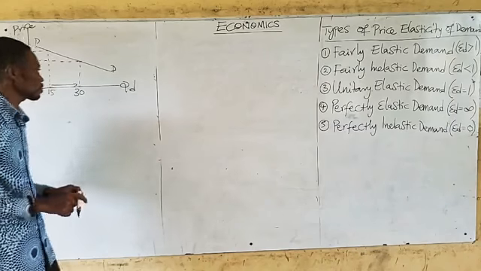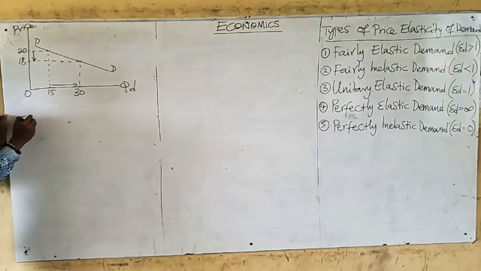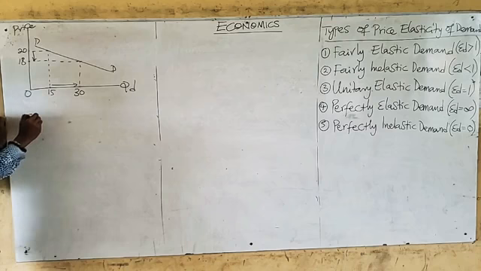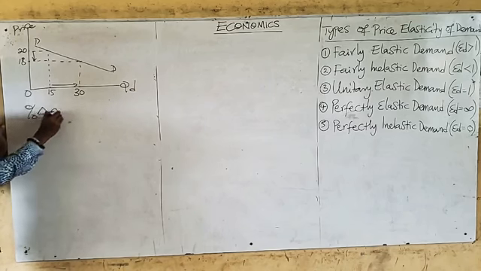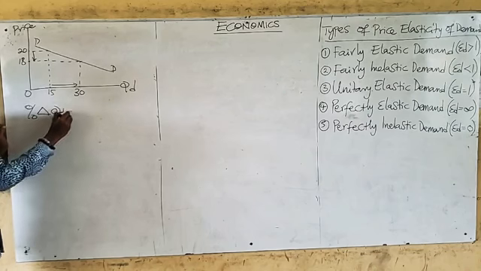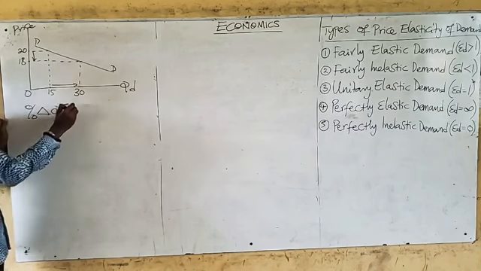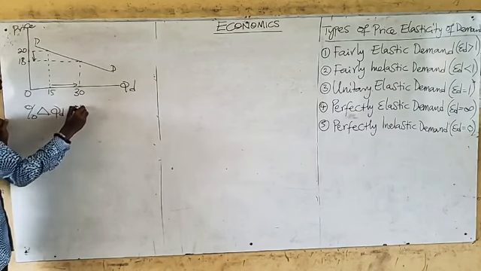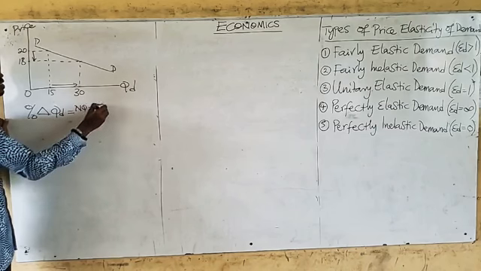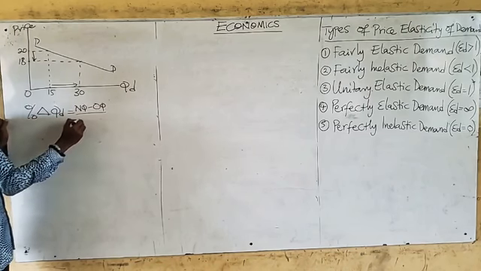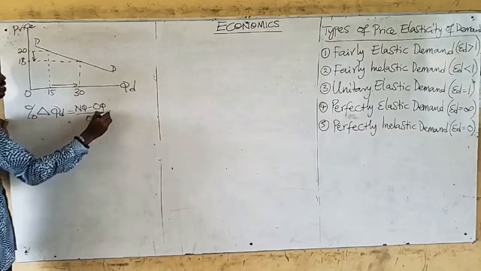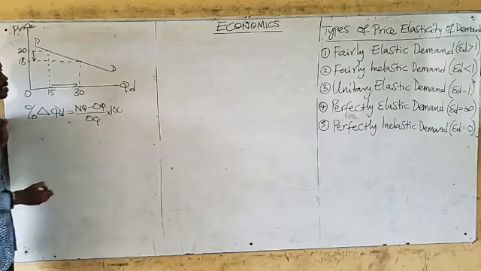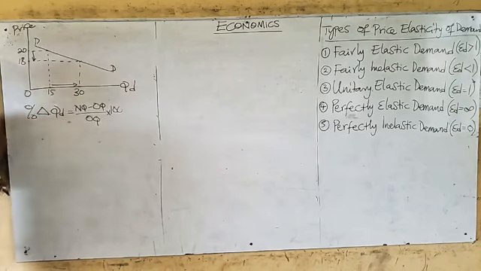Okay? So we are going to take the percentage change in quantity. How do we calculate it? I said that it will be new quantity minus old quantity divided by the old quantity times 100. That is how we calculate the percentage change.